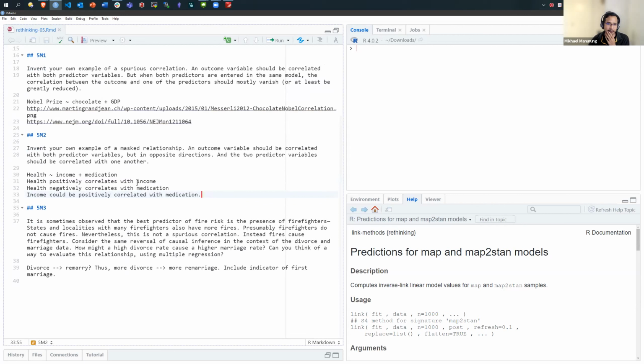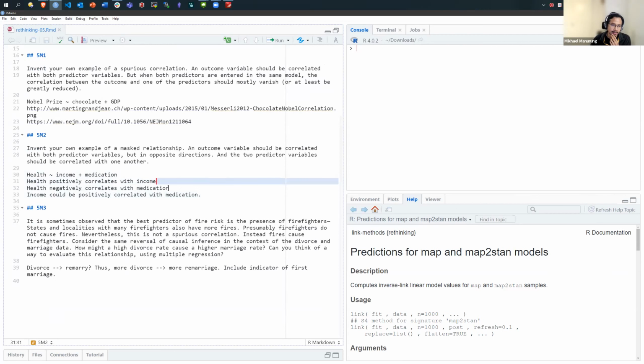For 5M2, an example that came to my mind is the association between health, income, and medication use. I think that health positively correlates with income. The richer you are, generally the healthier you will be.